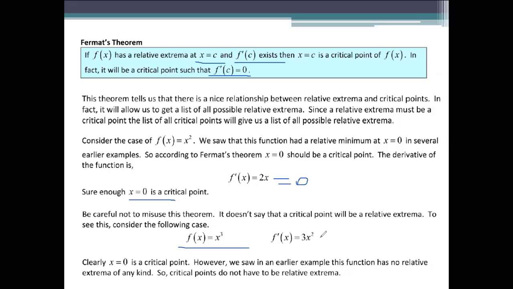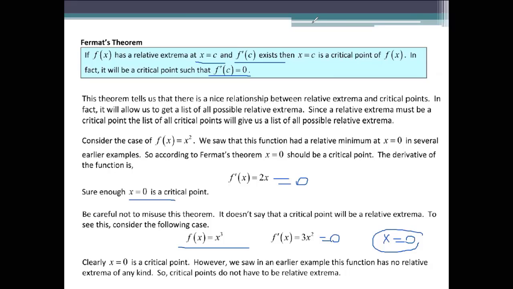If you equate to 0 to find the critical point, x is 0. It is a critical point of this function, but it's not a relative extrema of our function. So it's not the relative extrema for x cubed, but this is a critical point.